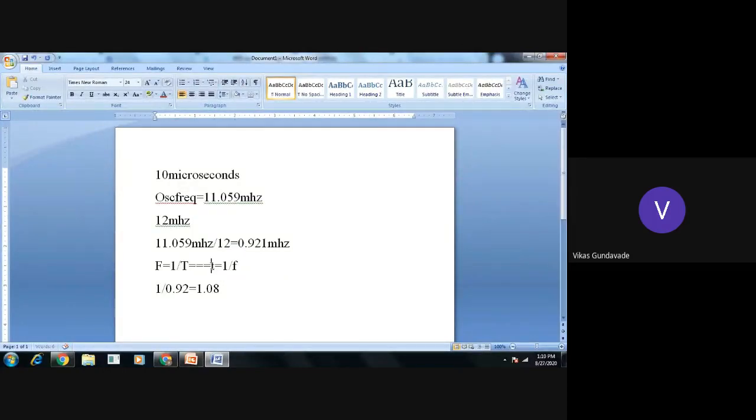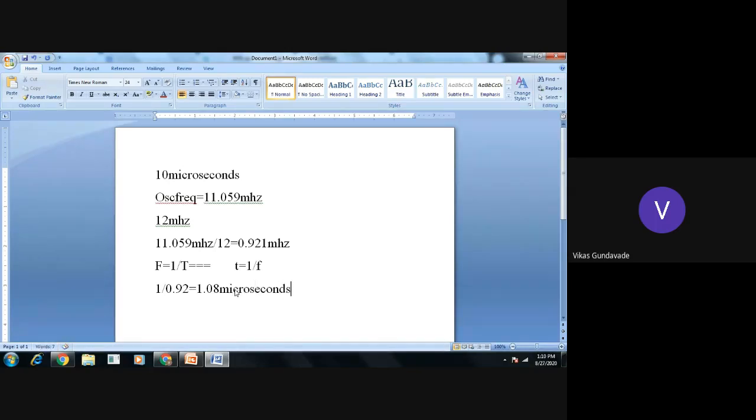When we are calculating time, T is equal to 1 by f, and here the frequency is in megahertz. So when we divide 1 by the frequency, it comes as 1.089 microseconds.